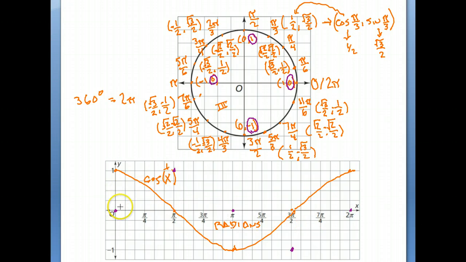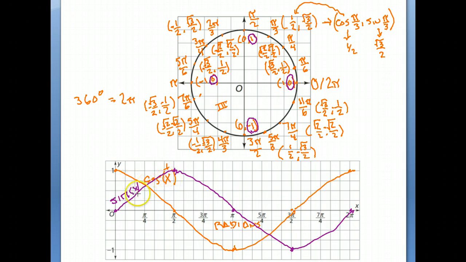And so we see this is also periodic, because it does the same thing over and over again. And here is a graph of the sine function. So again, the purple is the graph of our sine function, sine of x.